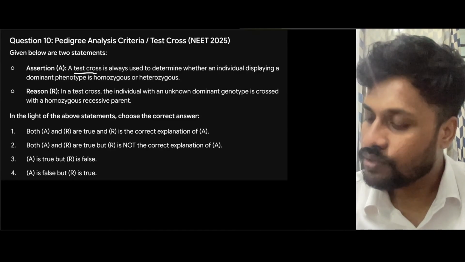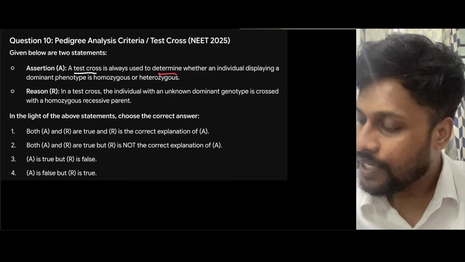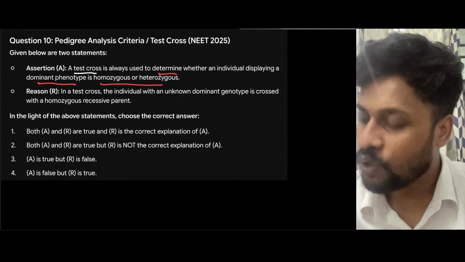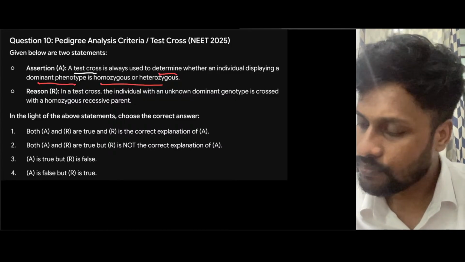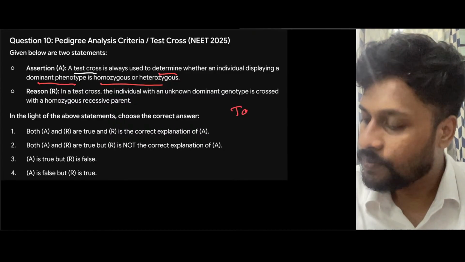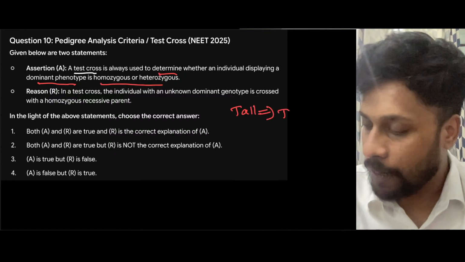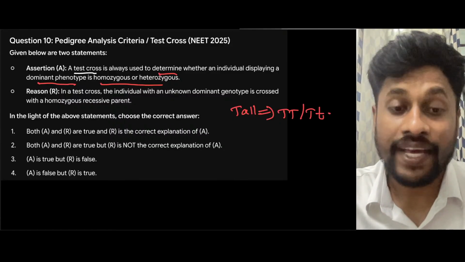A test cross is used to determine whether an individual displaying dominant phenotype is homozygous or heterozygous. True. For example, if I say tall, what will be the genotype? There are two possibilities, capital T capital T or capital T small t. We don't know what exactly it is.